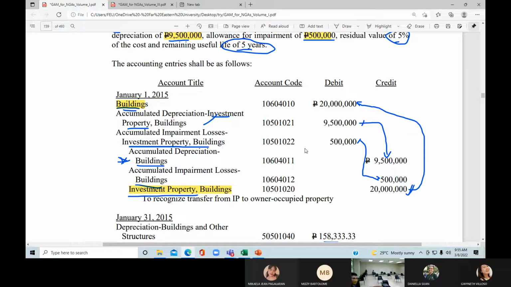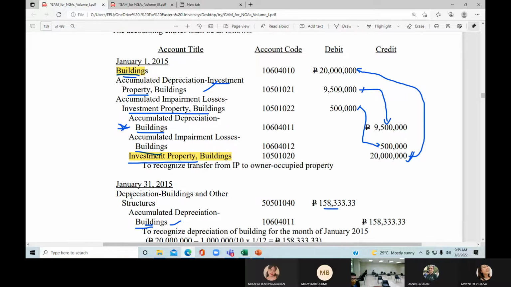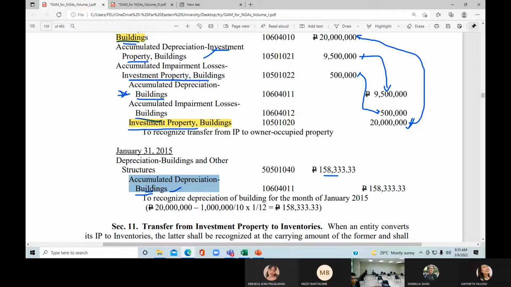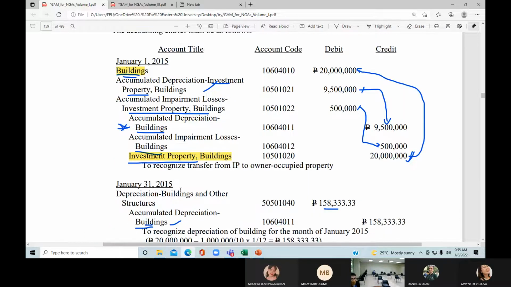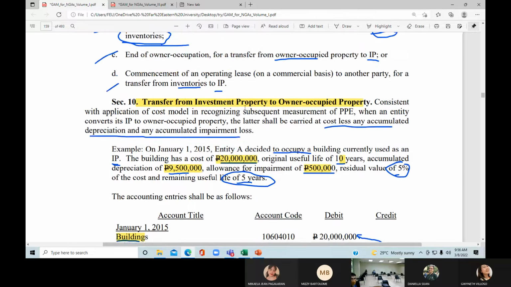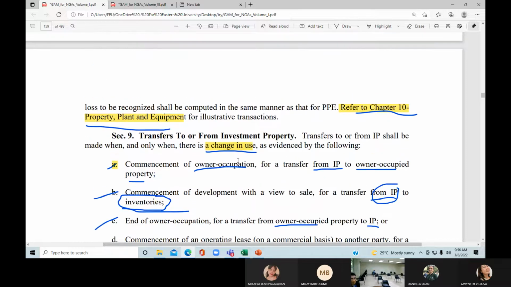Sobrang easy. Siyempre, after nyan, yung depreciation mo, diretso mo na dun sa PPE account. So, debit, depreciation, buildings, and other structures, credit, accumulated depreciation, buildings. Okay? So, yan. From investment property, naging PPE.